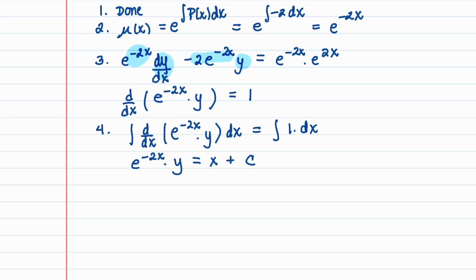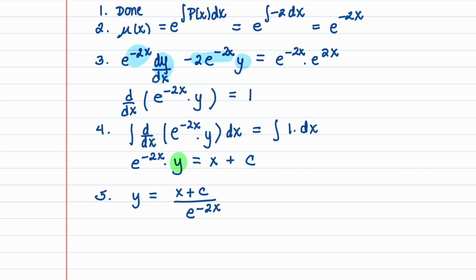For step 5, what we need to do is just solve for y. There's our y. Let's divide by e to the minus 2x. This gives us y is equal to x plus c, all divided by e to the minus 2x.